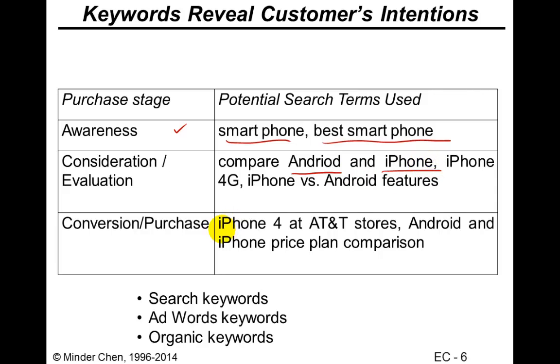And if they're more specific about a specific version of the product or a particular store, then they're probably at the stage of conversion and the final purchasing stage. So it is important to understand keywords. A keyword can be used as a search keyword on a search engine website, or you will buy a keyword if you want to place ads at a search engine website.